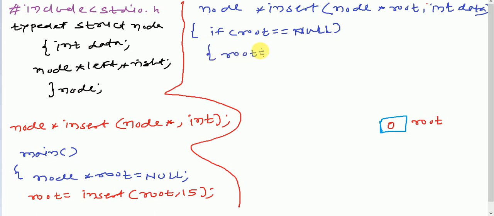So root is equal to a new node function for creating a new node, and you can pass the data to new node. This will create a new node and will give some address over here. Okay, so I'll write here a new node function.